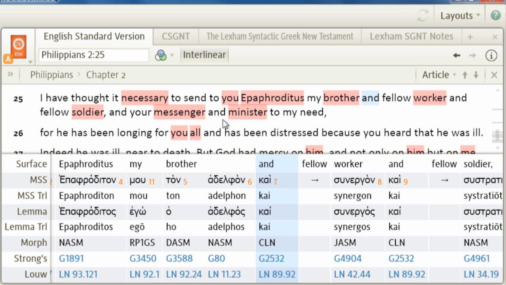In the reverse interlinear pane, on the morph line, you can see information about the form of the word. But you won't see information about the function of the word in a sentence or clause. For that, you need to look at a resource or resources that deal with syntax.